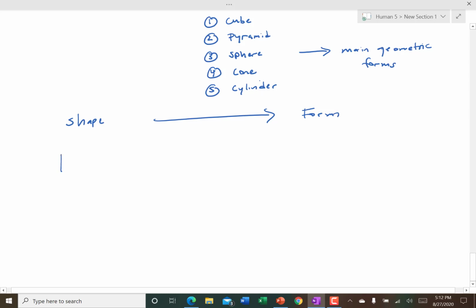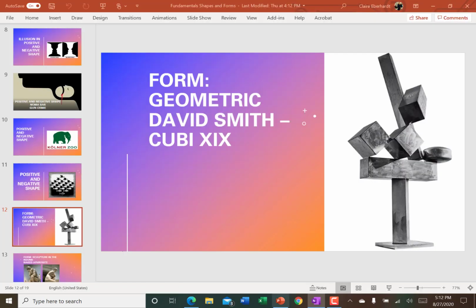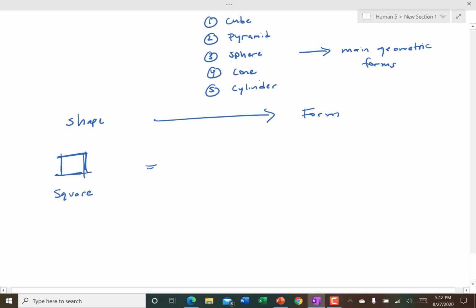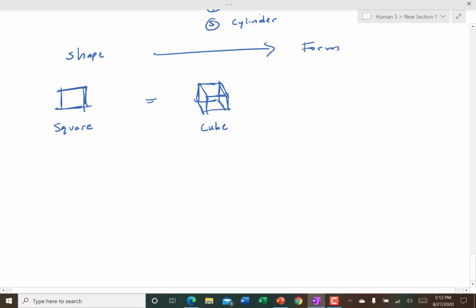If you start with a square, and we have a vague example of a square, then a cube is made up of squares. So the square is a series, a cube is a series of squares.